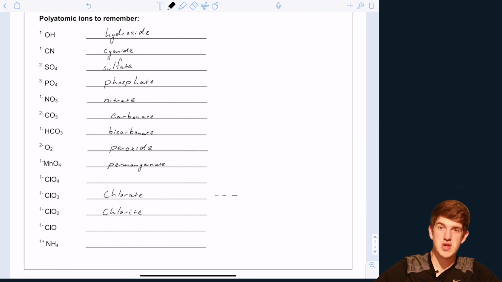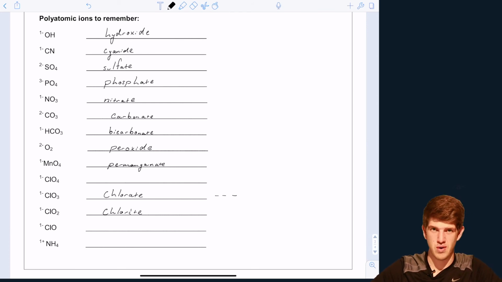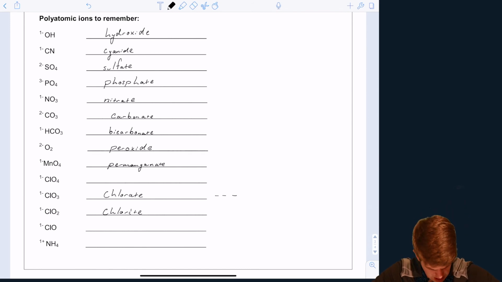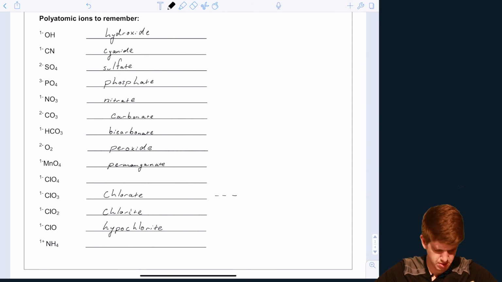What happens if we have 2 below? If you've ever heard of sodium hypochlorite, it's even further below. Hypodermic needles just mean below the skin. Hypo, of course, is the prefix, so hypochlorite. It's below chlorite. And then ClO4, what happens if we go above? We have perchlorate.